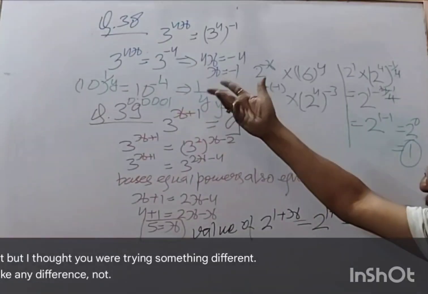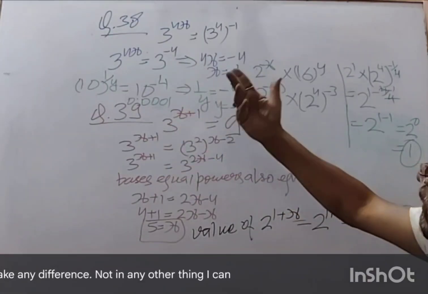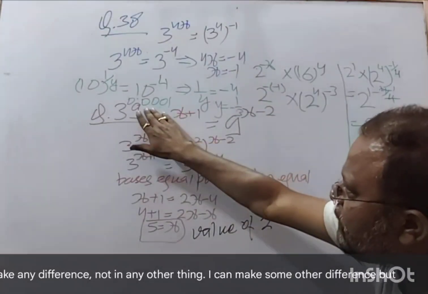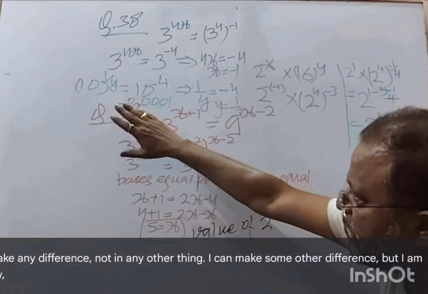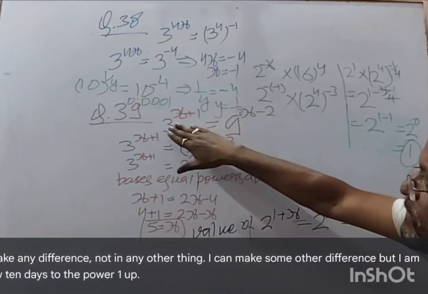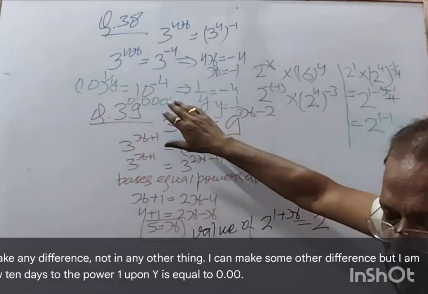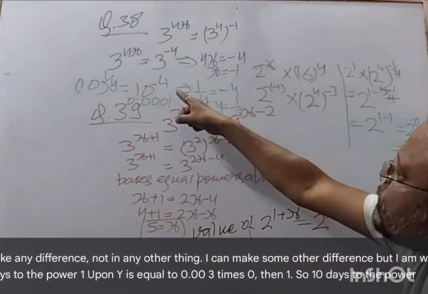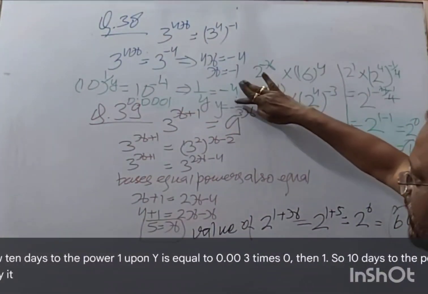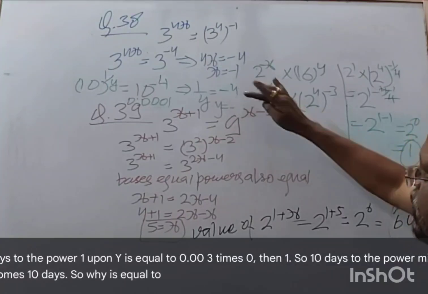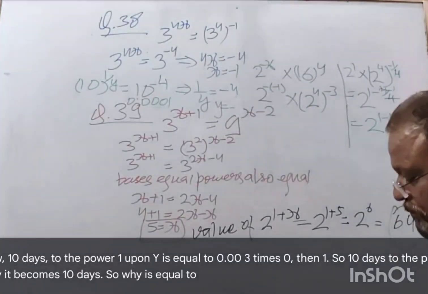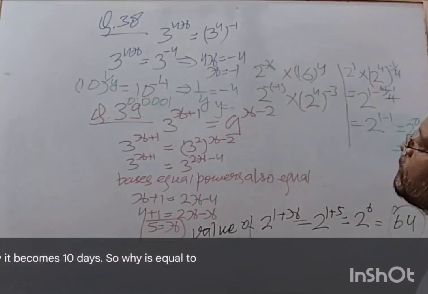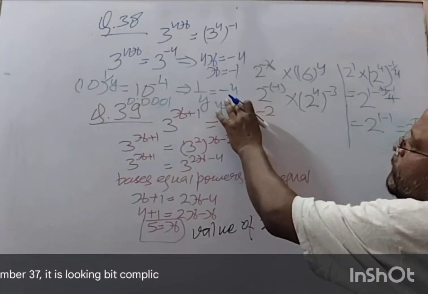In any other thing I can make some other difference, but I am writing the wrong value. 10 raised to the power 1 upon y is equal to 0.001, three 0s then 1. So 10 raised to the power -4 will be there. That's why it becomes 10 raised to the power -4. So y is equal to... So question number 37, it is looking a bit complicated.